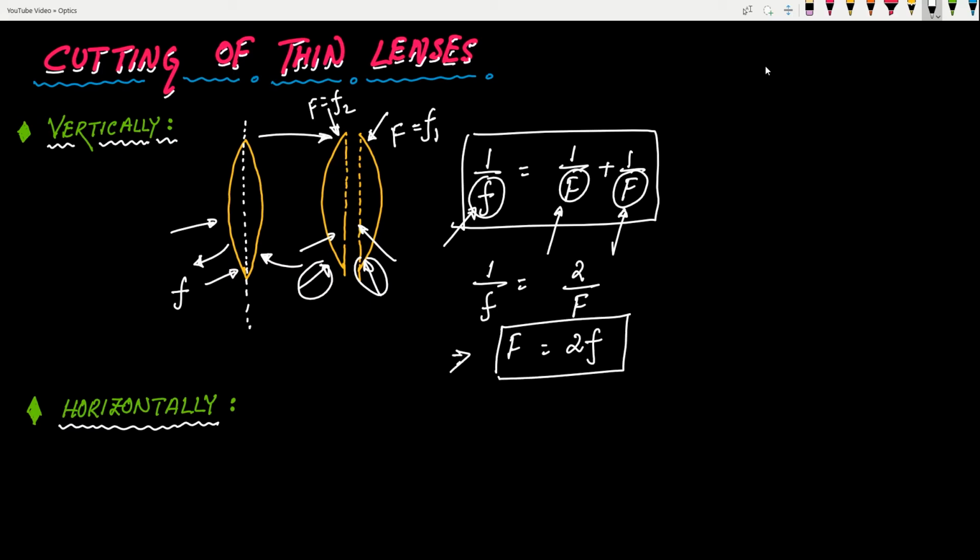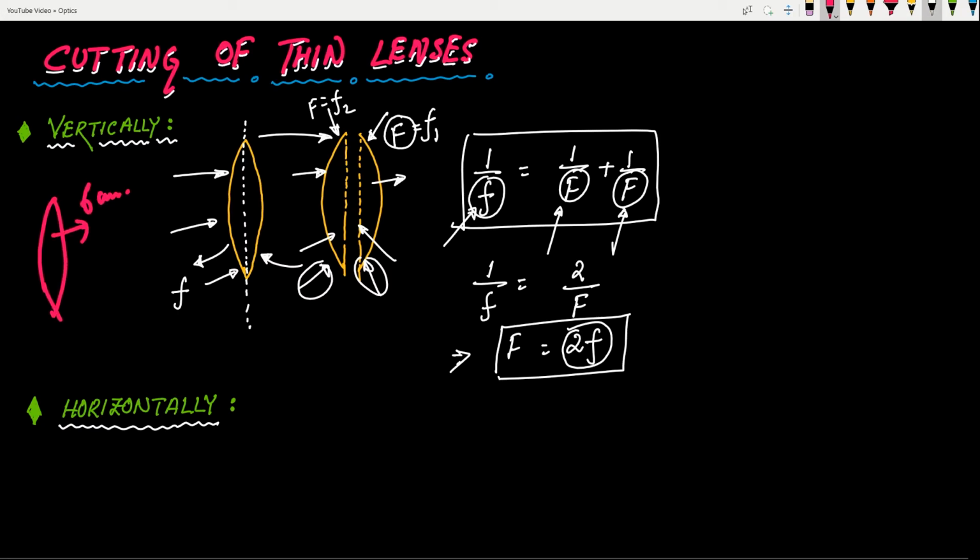So we know now that capital F, the focal length of these individual lenses, will be double the effective focal length of the original lens from which we are cutting. This is the original lens having focal length f. So this individual lens will have double the focal length of the original lens. For example, suppose the focal length of this lens is 6 centimeter.